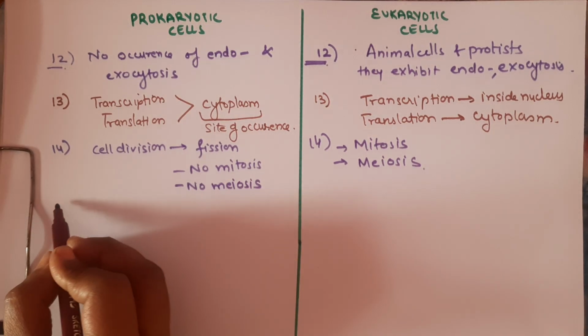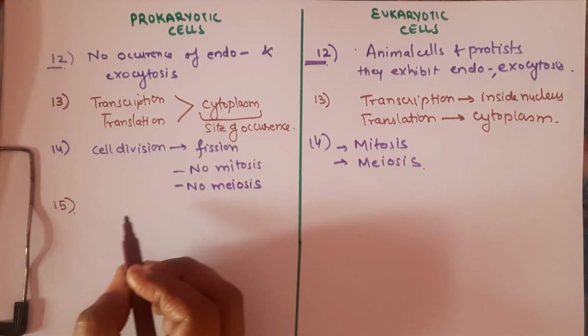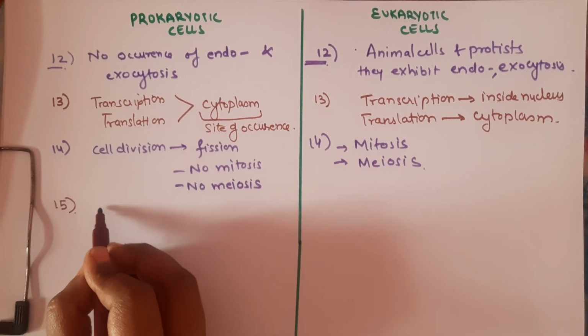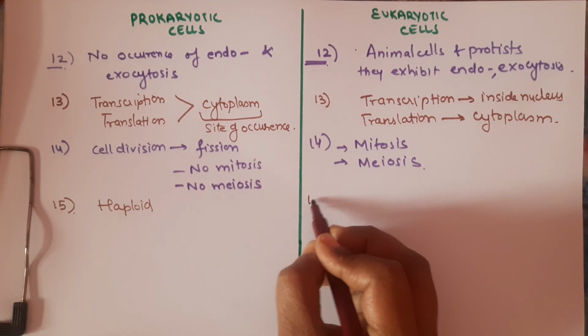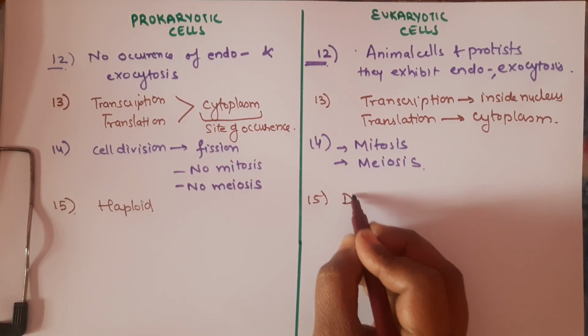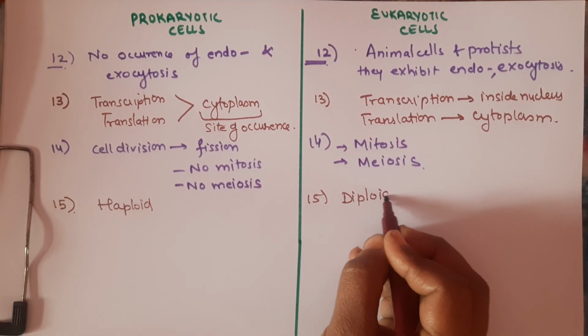The second last difference between the two is that the prokaryotic cells are haploid, and the eukaryotic cells are typically diploid.